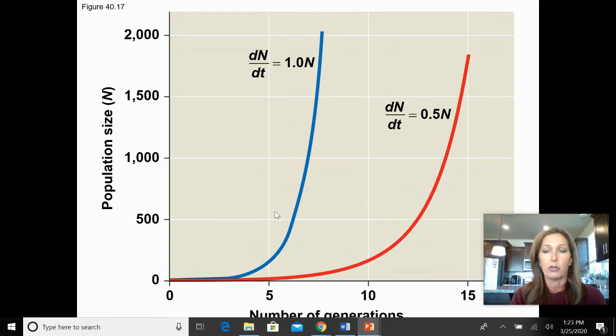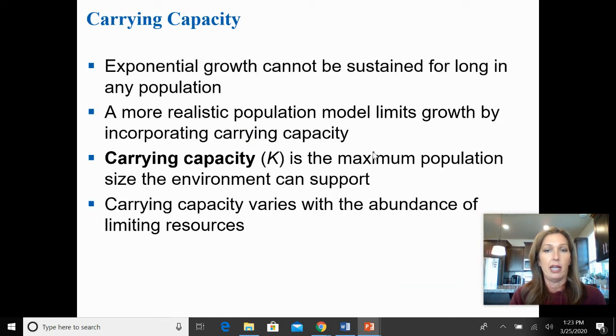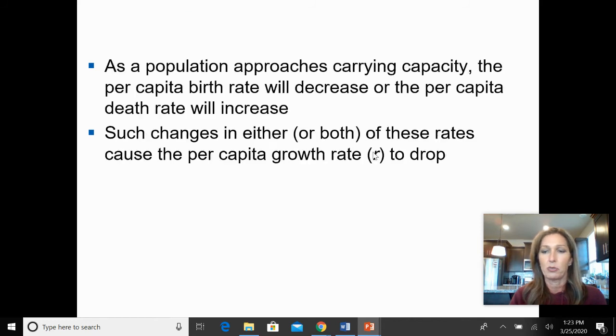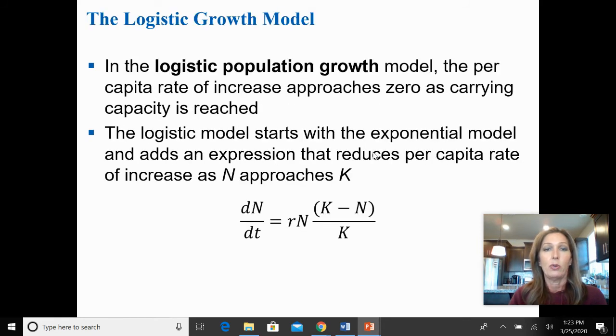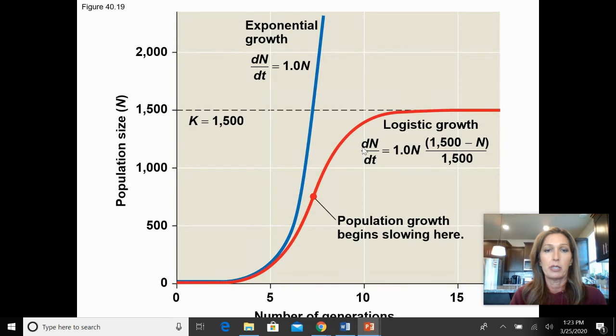Exponential growth rates create this J-shaped curve of population sizes increasing. But exponential growth can never be sustained for a long period of time, because every population has a carrying capacity, represented by K. Logistic population growth is a more logical pattern that organisms follow, and it creates this S-shaped curve.